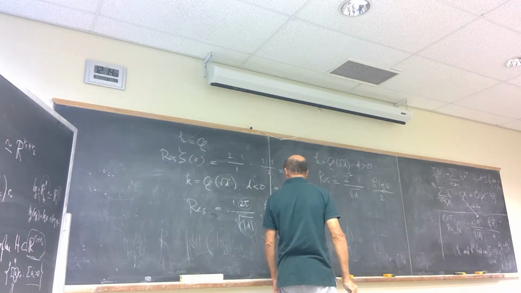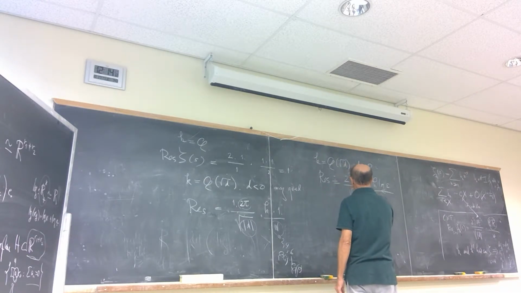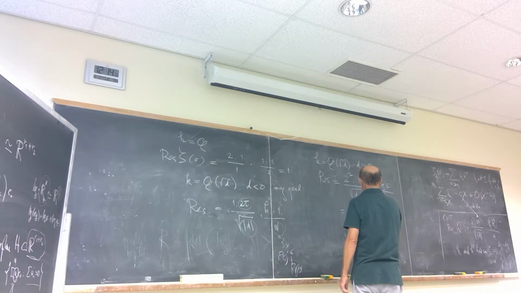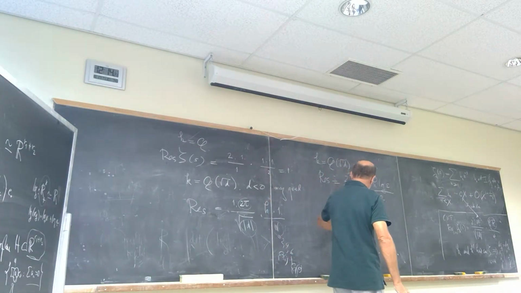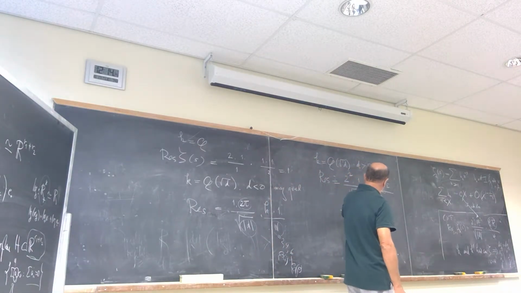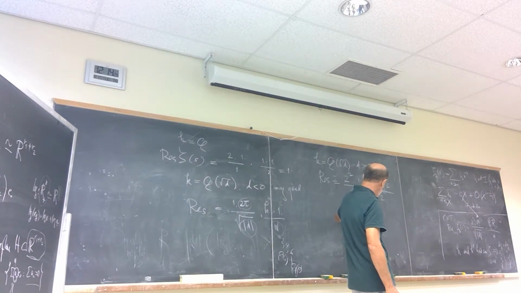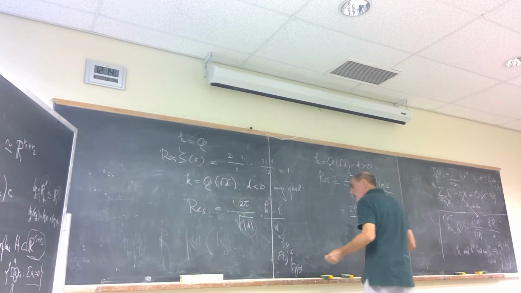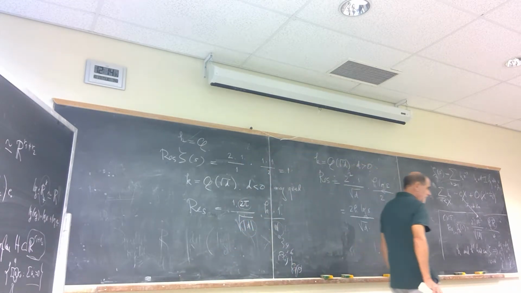Because the number of roots of unity is 2. And so you get 2h log epsilon over the square root of d. And so it doesn't really give you a formula for the class number or for the fundamental unit, but if you knew what the fundamental unit is, you could work out the class number. Okay? And likewise, if you knew what the class number was, then from the residue you could work out the fundamental unit.